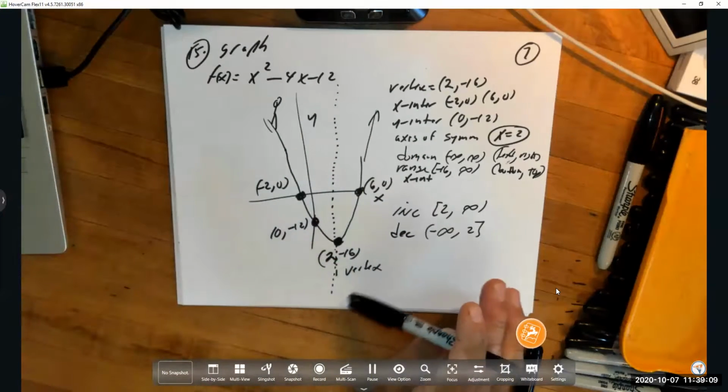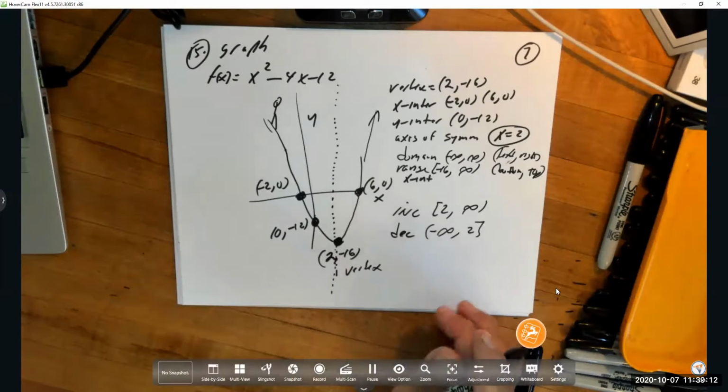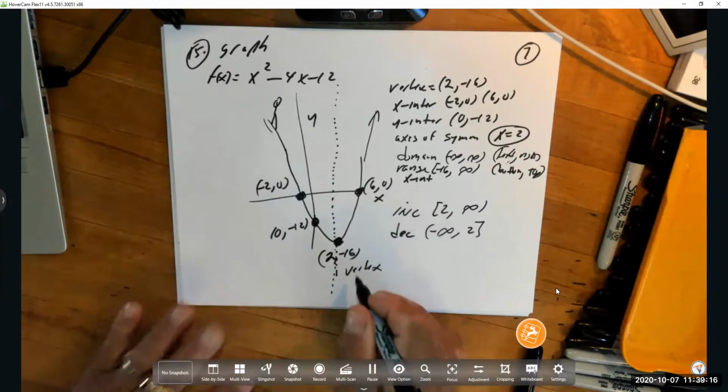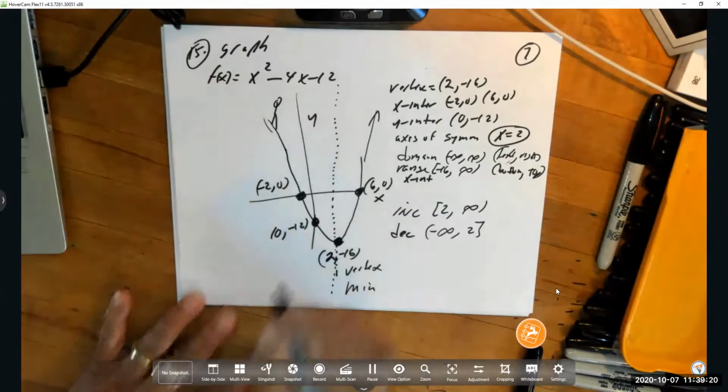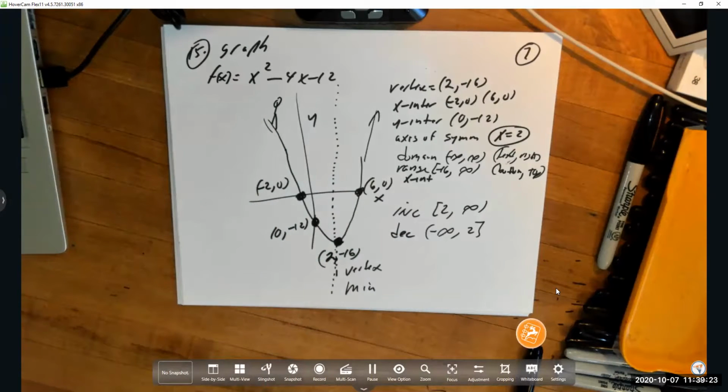That's what they'll ask you: decreasing, increasing. Yes, that's it. And this is also called the min. This is the lowest point on the graph. All right, that's number 15. Okay, is everybody okay with number 15? Yeah. All right. I'm going to go to question number 16.